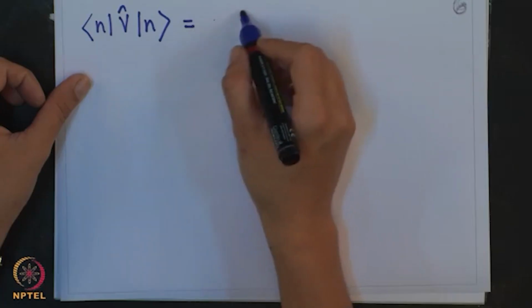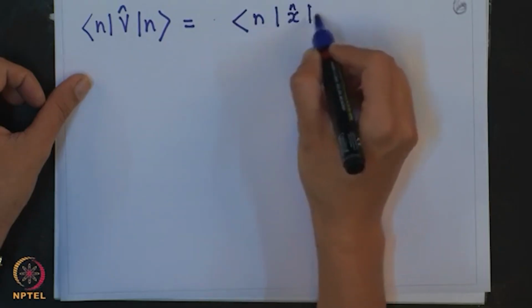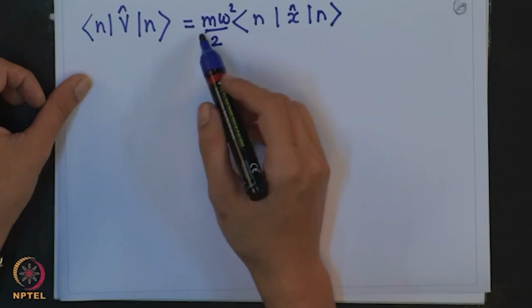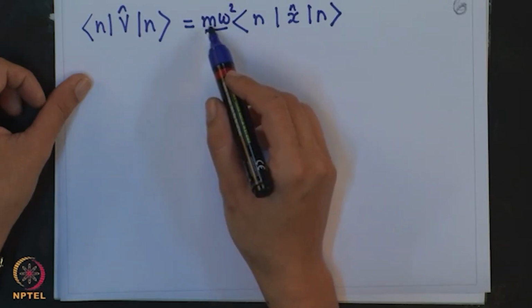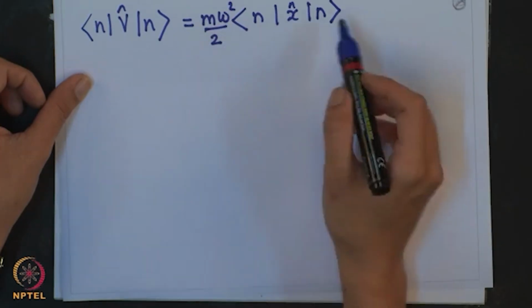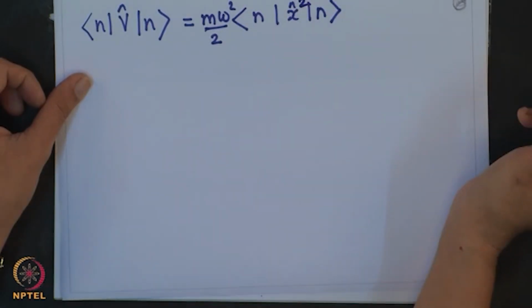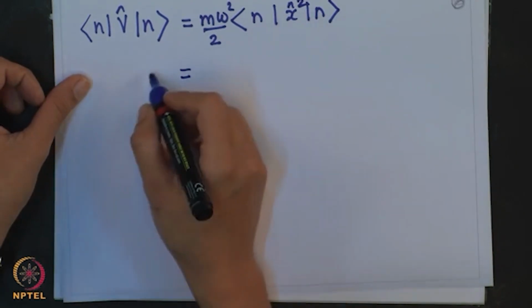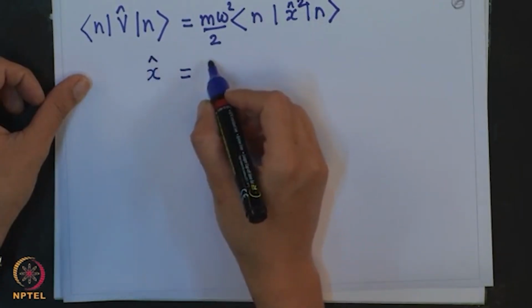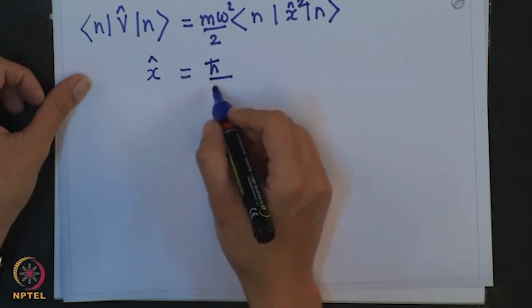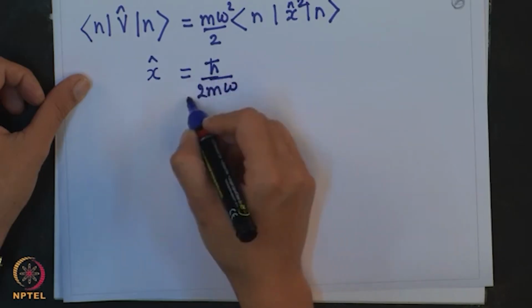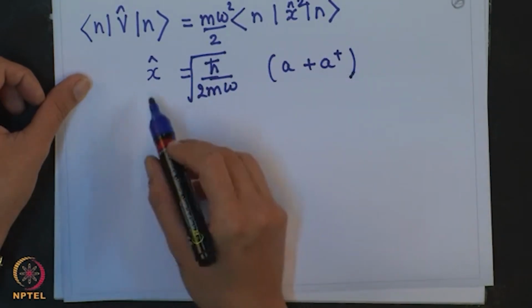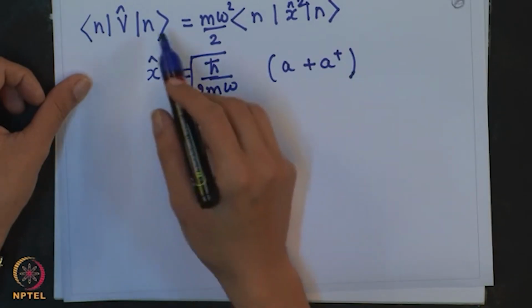So, let me write it is proportional to the matrix element of x square between n and n, that is, m omega square by 2, because half k x square I can write as m omega square by 2 times x square. We know what the x operator is. We have seen before, it is the square root of h cross upon 2 m omega times a plus a dagger. We will use this position operator and again find the value.